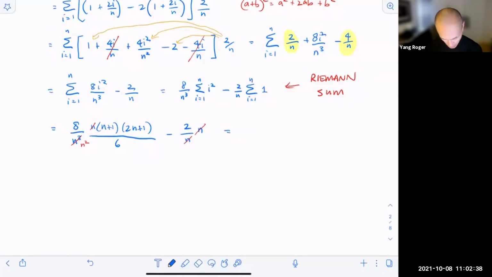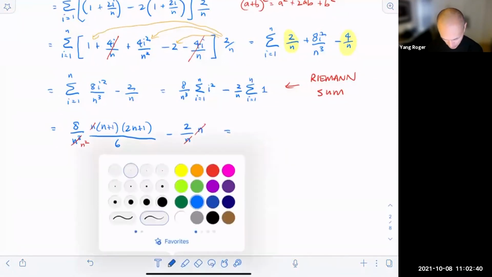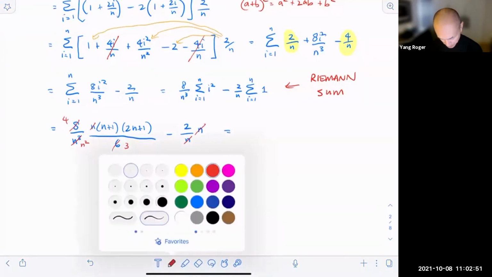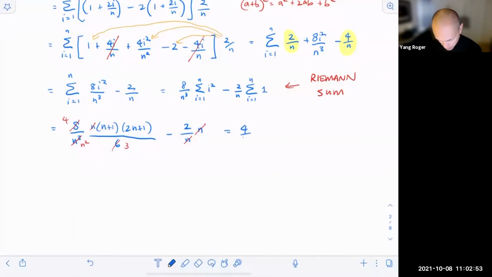Oh, I can do a little bit more, right? I could make that a 3 and make that a 4, because each of those terms is divisible by 2. So in the end, I'm going to get 4 over 3 times n plus 1 times 2n plus 1, all divided by n squared for the first term.